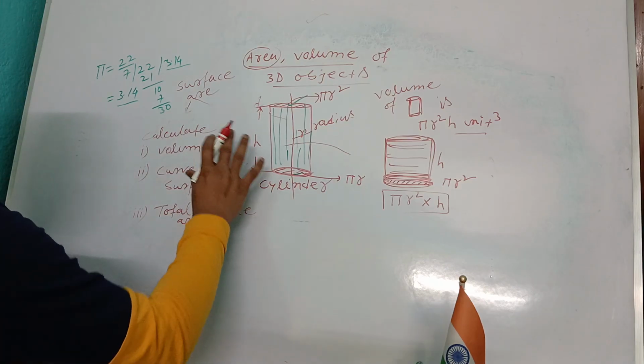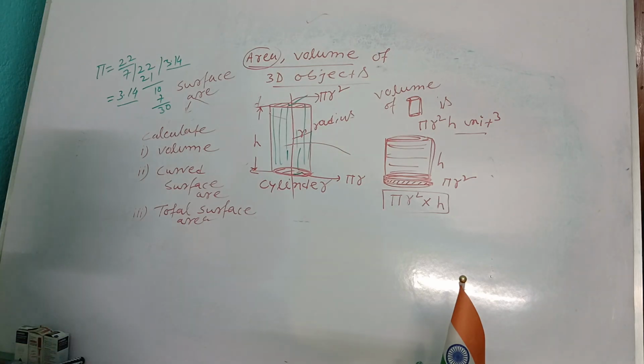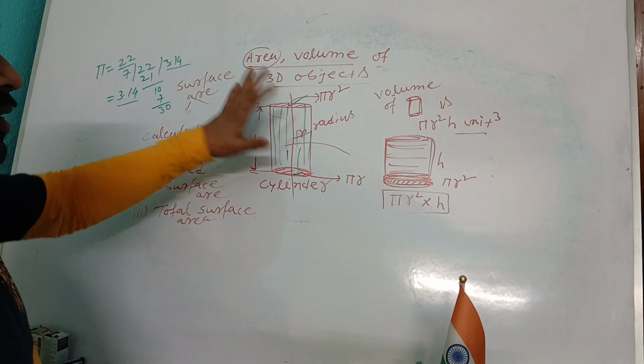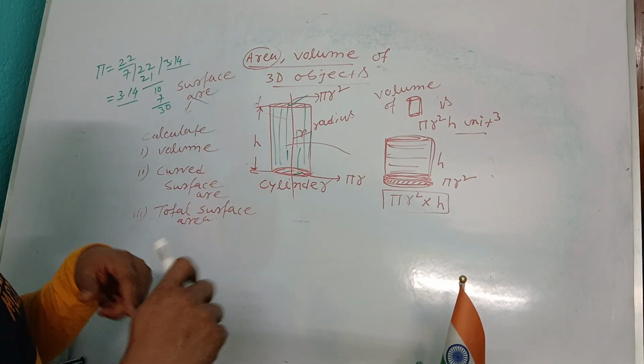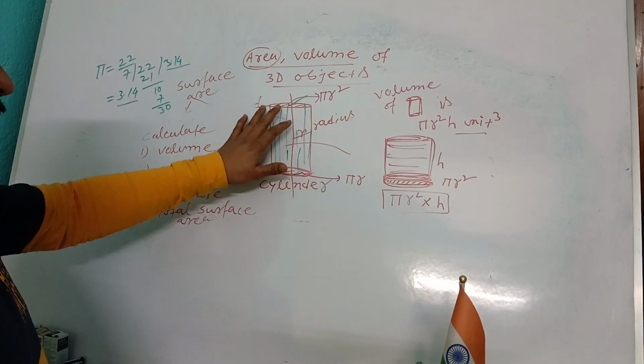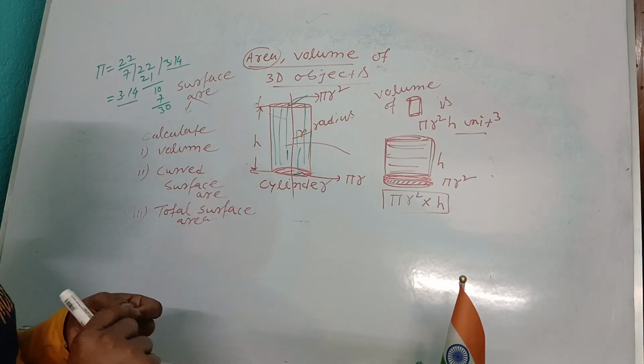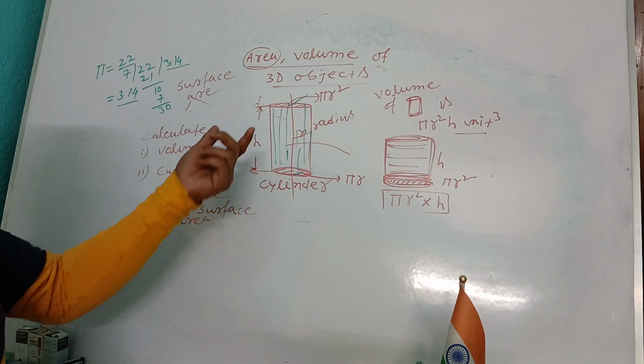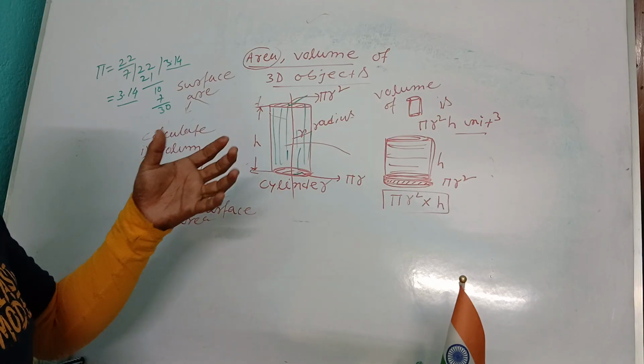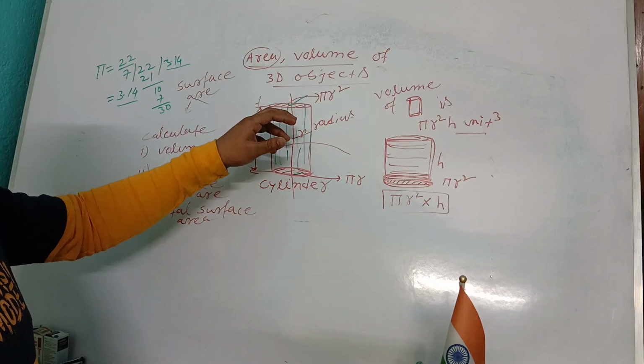And this much is given, and some modifications are there. Suppose you have an object and you have to paint over this curved surface, and the cost per square unit is given. Then what is the total cost to paint that object?